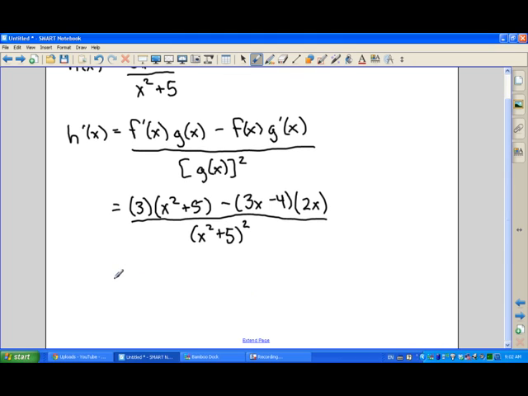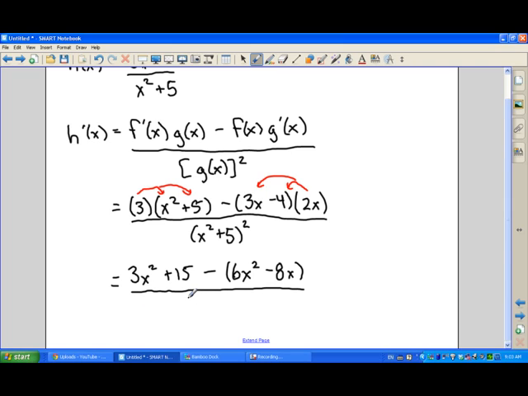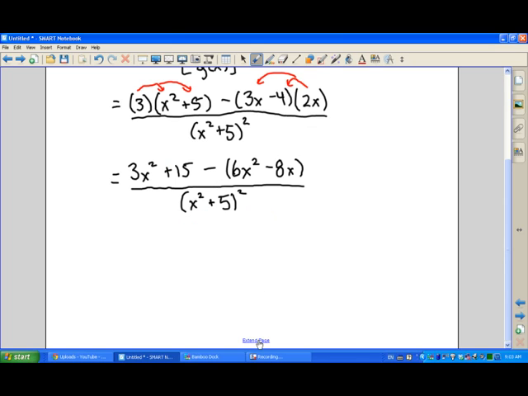So of course we need to simplify this. So distributing, I'm going to end up with 3x squared plus 15 subtract 6x squared minus 8x, and as a suggestion I would say do not expand the denominator. So I'll leave that as x squared plus 5 all squared.